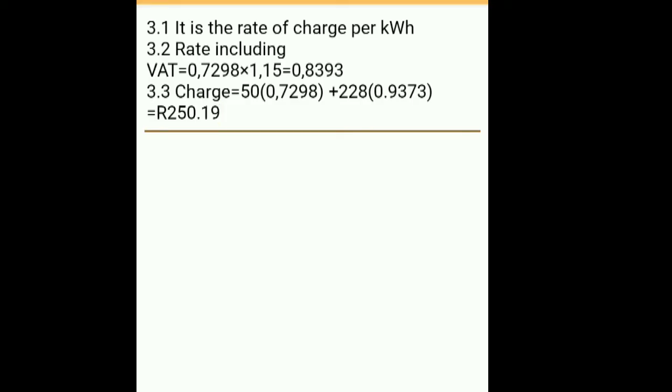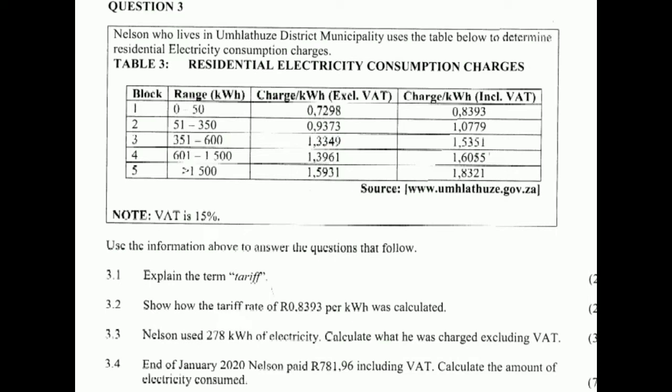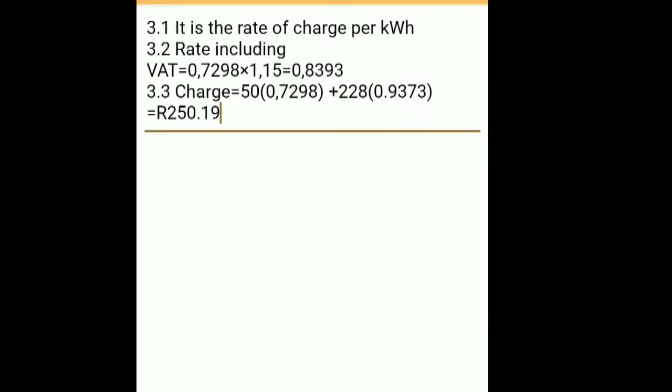Then we said plus 228. Why plus 228? We already calculated the charges for 50 kilowatts, so we subtracted the 50 because we are done calculating them. You can't charge both sides. So 228 kilowatts multiplied by 0.9373. Then our final answer is 250.19.